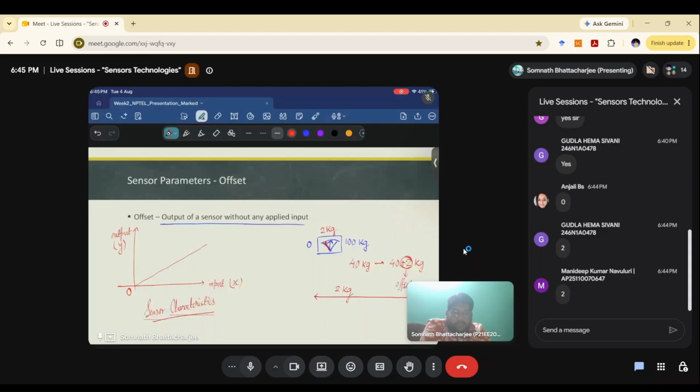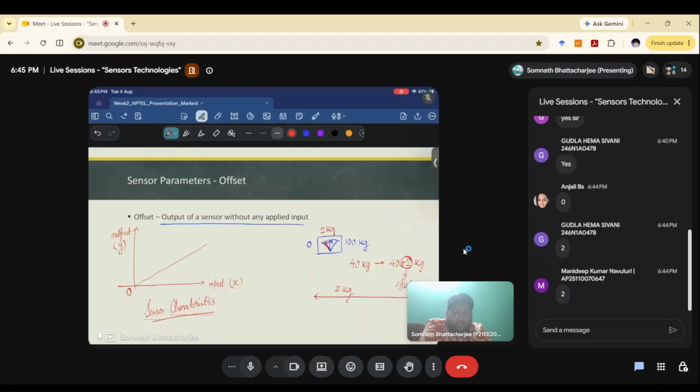Okay. Now another sensor parameter is the range. So what is a range? That is the working region of a sensor. Let's have characteristics like this, right? This is our input, this is our output.